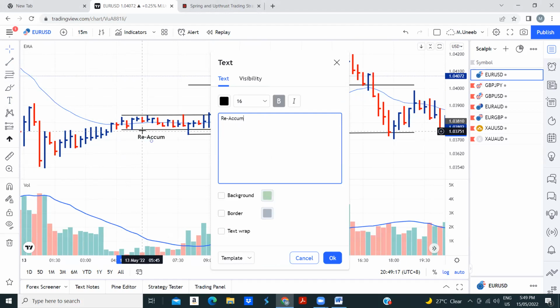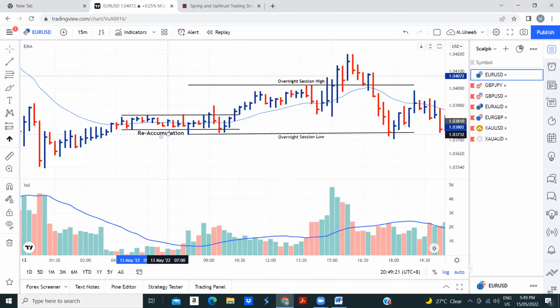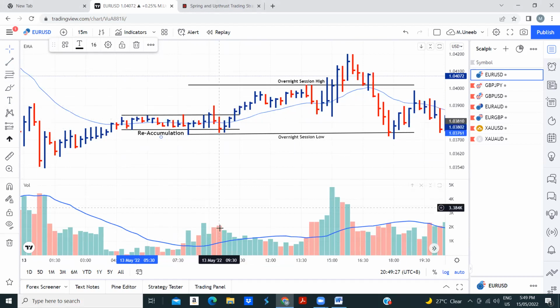Am I right? Yeah, okay. Because after this trading range, the price stops and ranges here. We got a spring here on a high volume. This upthrust failed, but it's not a very high volume. This was the highest volume observed in the session, and then a test of the spring, and then it went up. So this was the reaccumulation because the price accumulated here, reaccumulated here, and then went up. So this is the reaccumulation, right?